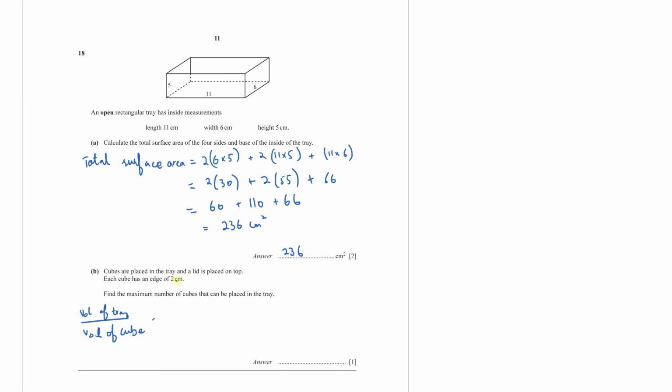So we are given that each cube has an edge of 2 centimeter. So that means if I place the cubes on the base of this box, let me divide this here into 3 equal parts like this. And each of this is 2 centimeter here, and this is also 2.